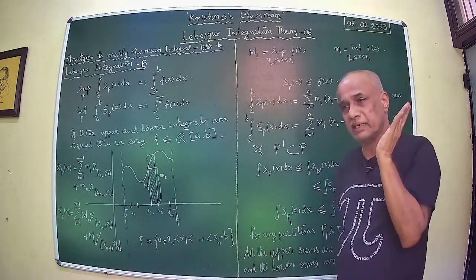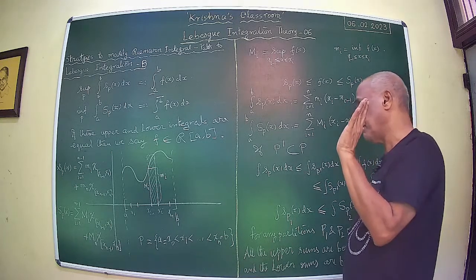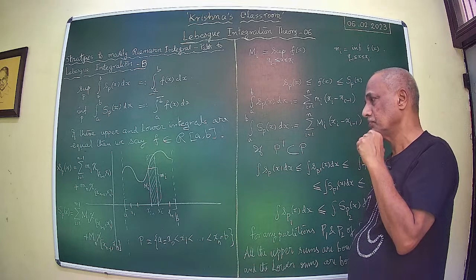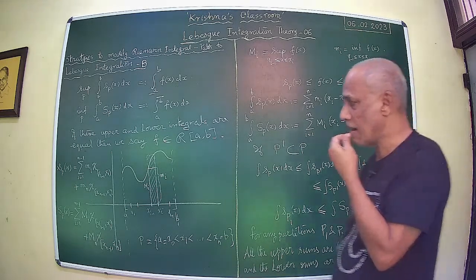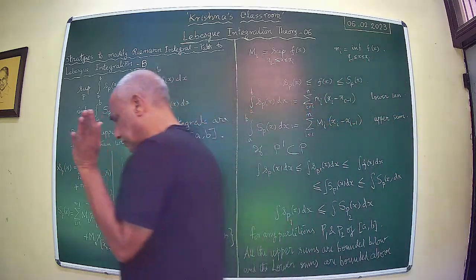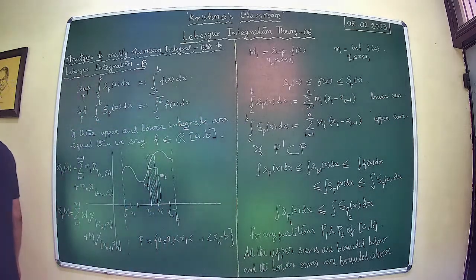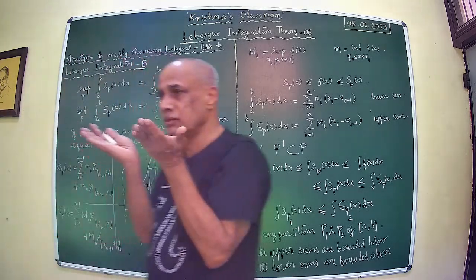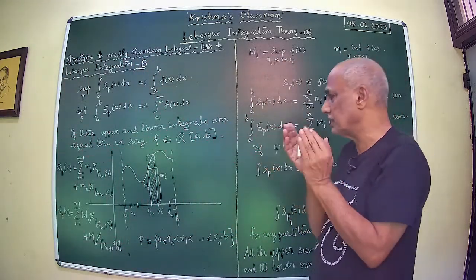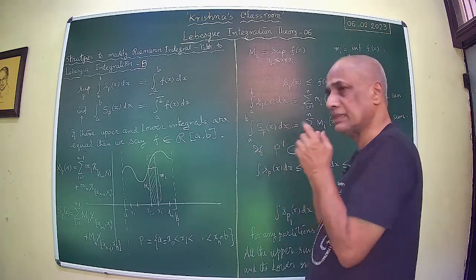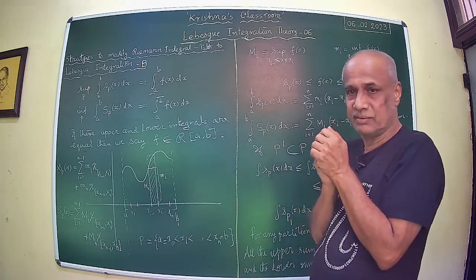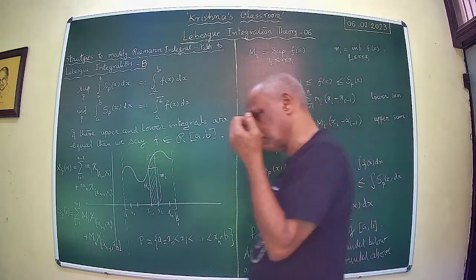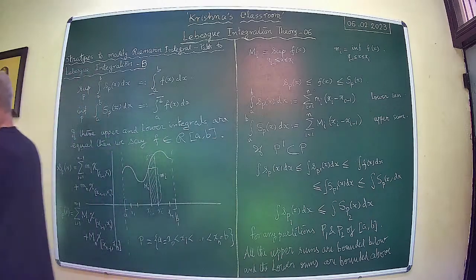So we are approximating from below and above by step functions, and the step functions get closer and closer to the function as we increase n, both from above and from below.